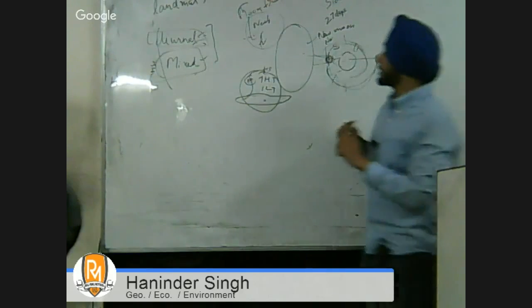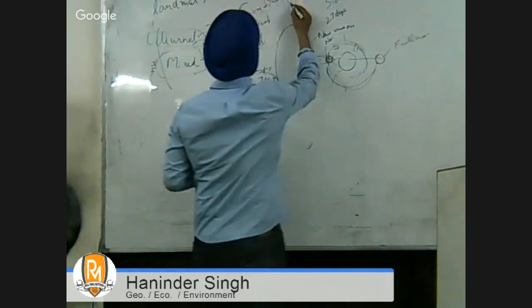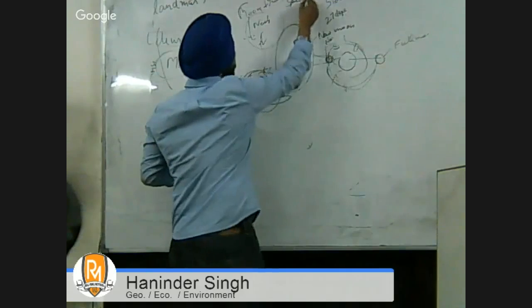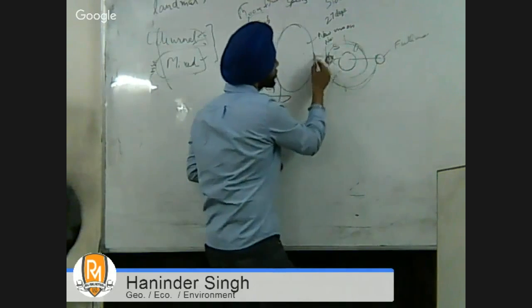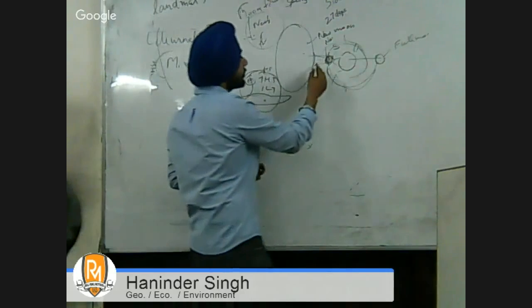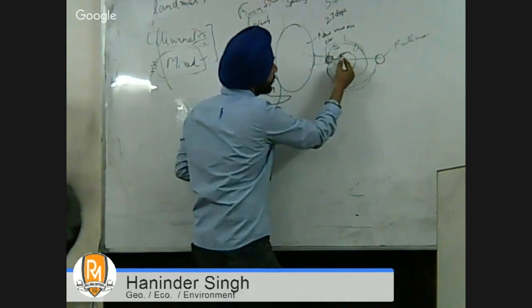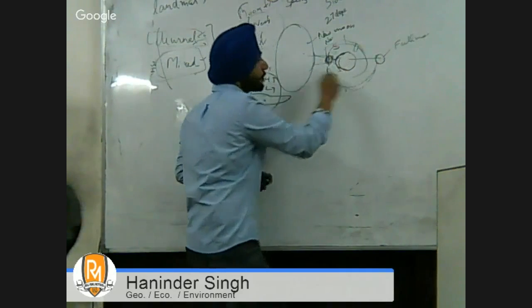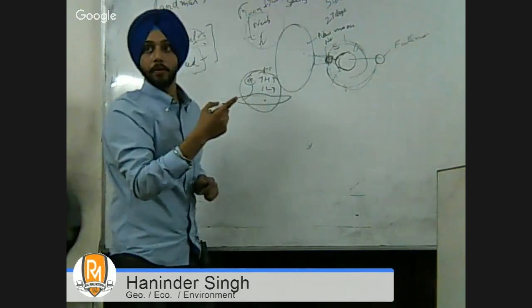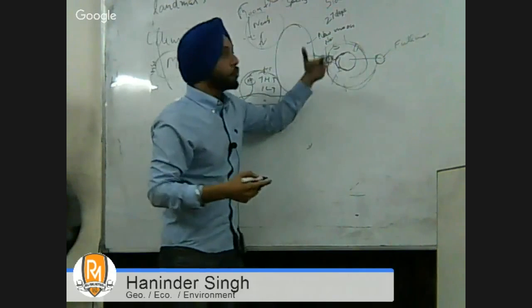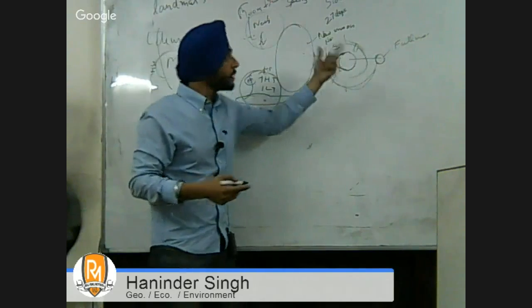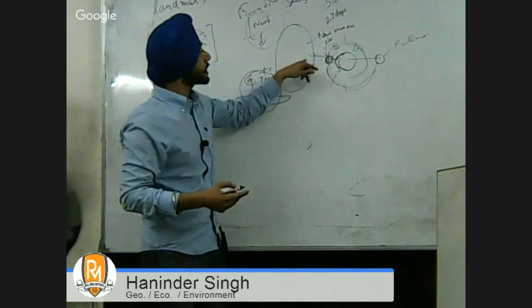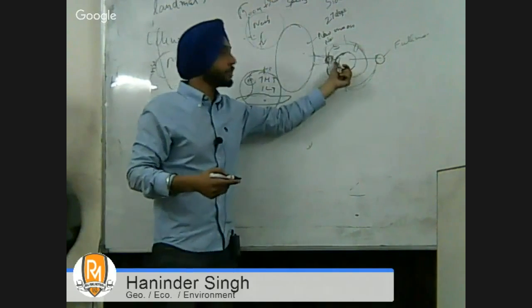Now the reason why we have spring tides. Say the moon is here and the sun is here; this side of the earth will have a spring tide, because there is an accumulated gravitational pull of sun and moon combining on this area.